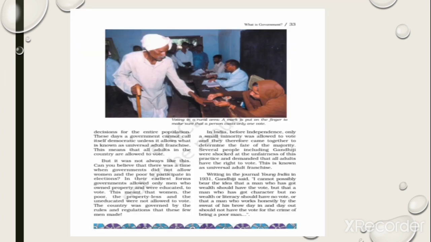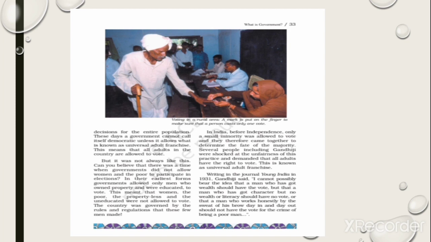That means women and the poor, people who do not have any property or who are uneducated, were not allowed to vote. Don't you think it is unfair? Why should we not let a person cast one vote on the basis of these things?